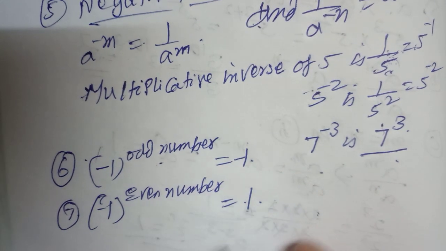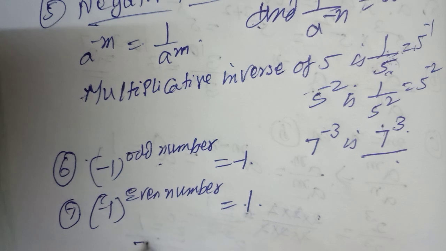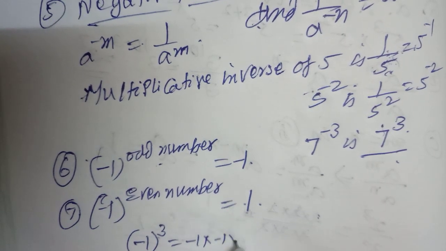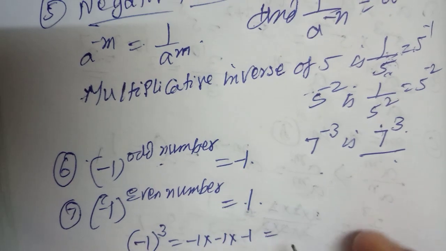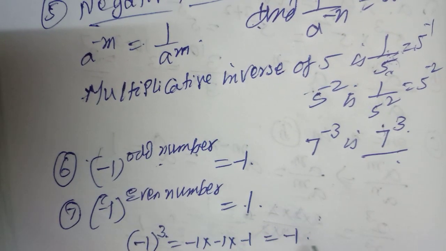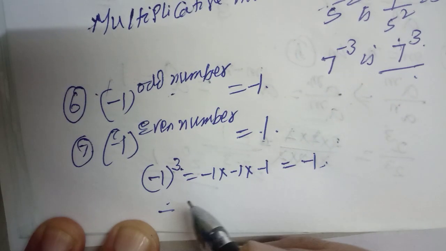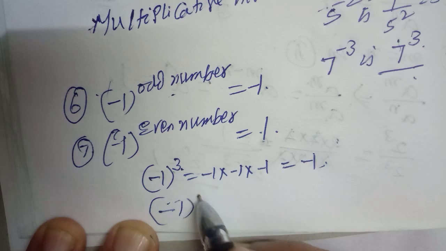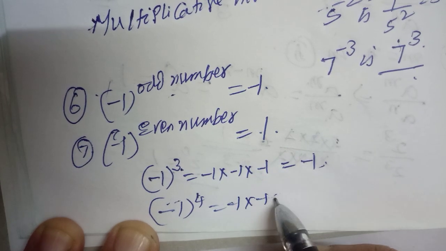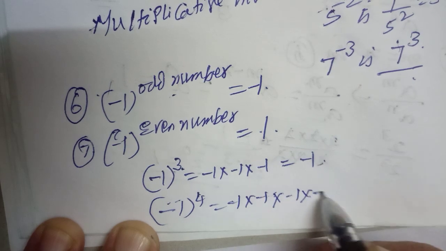These two we will just understand. So minus 1 to the power of 3, minus 1 into minus 1 into minus 1, that is equal to minus 1. So for an odd number you will get minus. Similarly for an even number, minus 1 into minus 1 into minus 1 into minus 1.